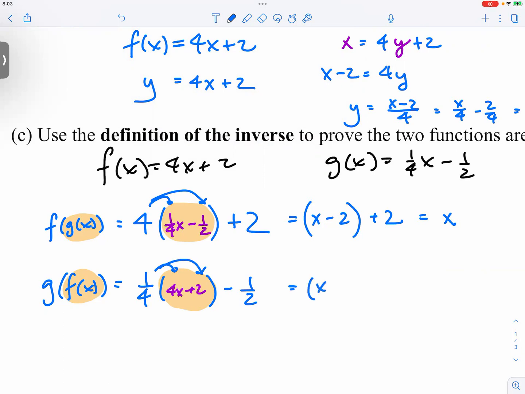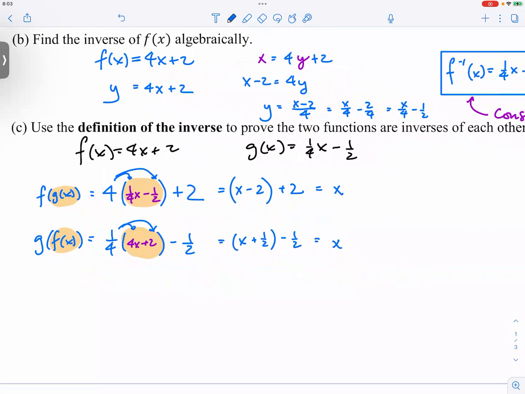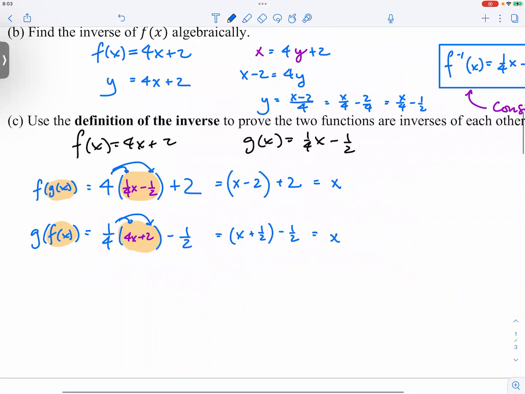So x plus 2 divided by 4, it's 1/2. And so you have x plus 1/2 inside the parentheses. Then you have minus 1/2 outside the parentheses, and they would cancel each other out. So you have x at the end.